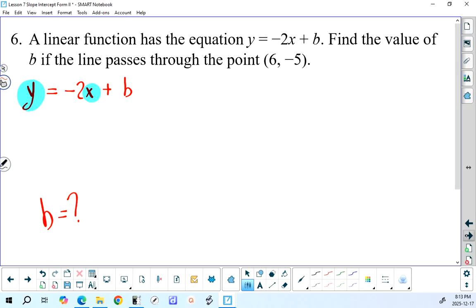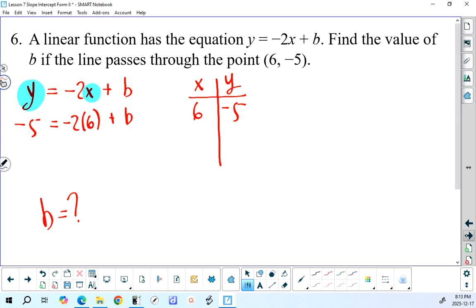And you can't just randomly put numbers in. You have to put numbers in that go together. The ordered pair 6, negative 5 is a pair of numbers that are locked together. That is saying when x is 6, y has to be negative 5. So we simplify this, we get negative 5 equals negative 12 plus b.